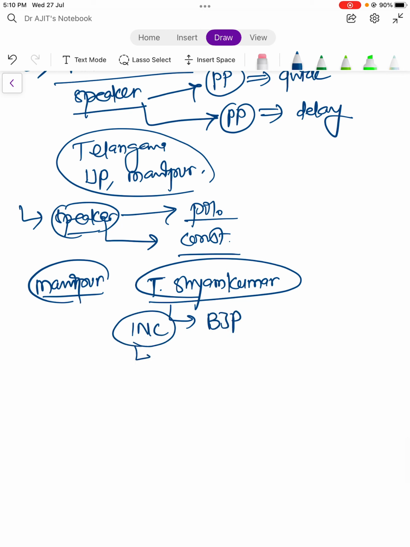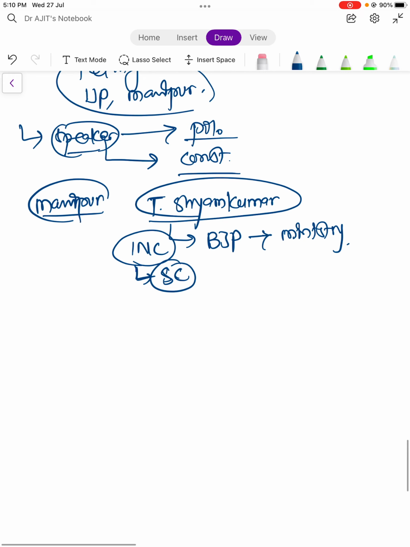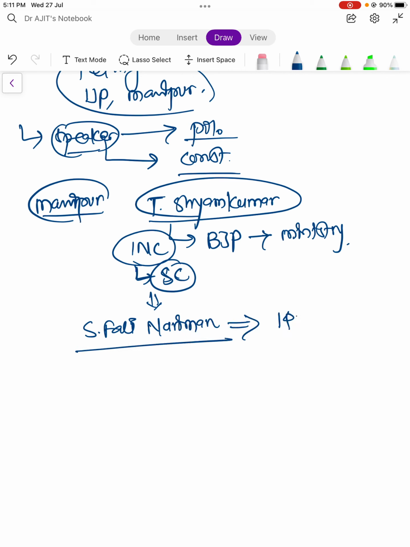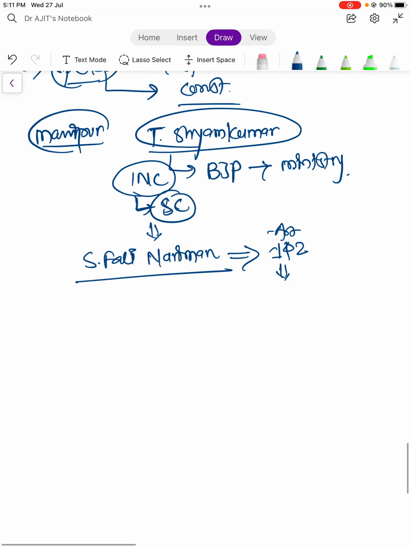Now, the members from INC approached the Supreme Court. He had joined BJP and he joined the ministry also, he became forest minister. So they went to the Supreme Court. There was the Fali Nariman bench, and this bench invoked Article 142 of the Constitution, which gives power to the Supreme Court to give any order to provide complete justice.